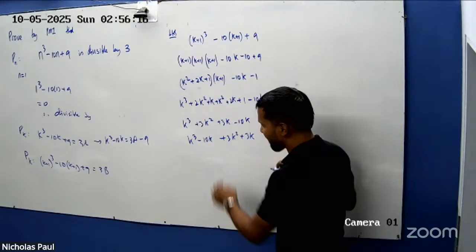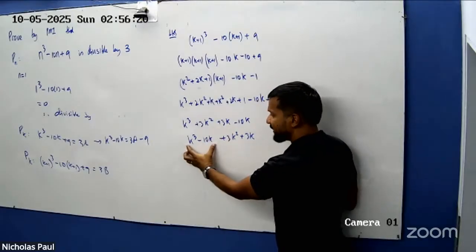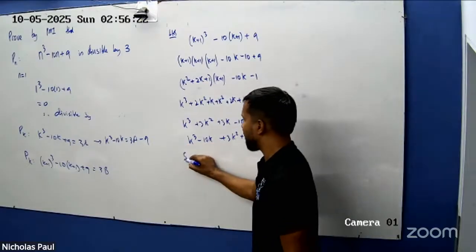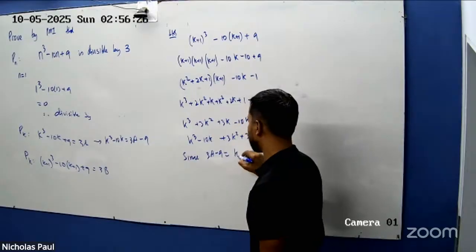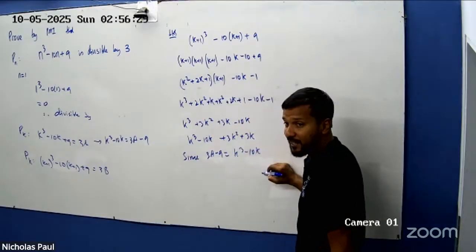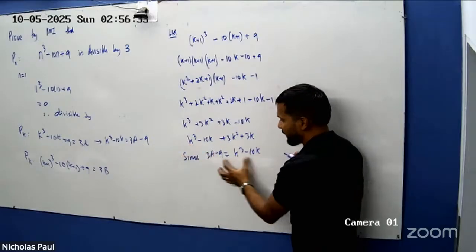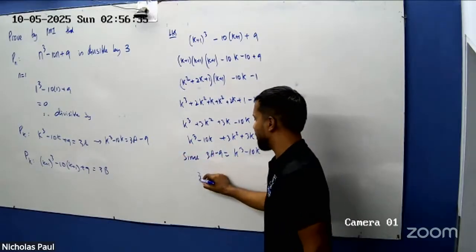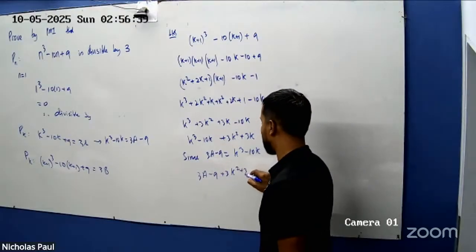You recognize I have 3 and 3 here already, right? That's good to go. So if I take this off now, if I say since 3 to the a minus 9 is k cubed minus 10k. So if I take this out and write this, I'll get 3a minus 9 plus 3k squared plus 3k.